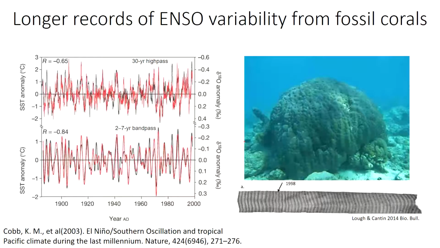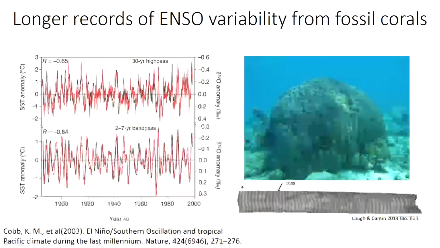So we can look into the past, and that's going to be a different session as well. Rather than looking forwards into the future, we can look at fossil corals, or actually we can drill into living corals, and because they have annual growth layers, we can look into the past, and we can make various measurements of those coral skeletons, of their chemistry and their isotopic composition, that tell us something about the conditions in which they grew.